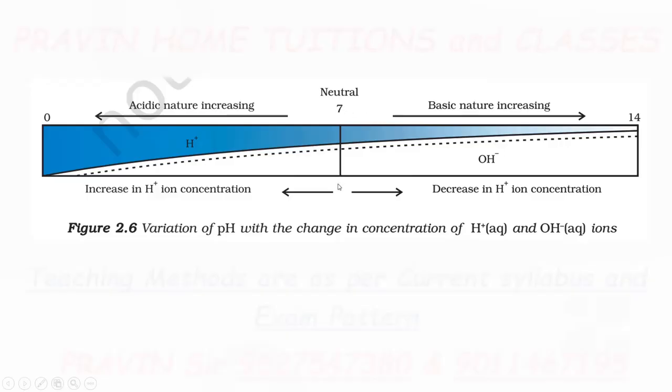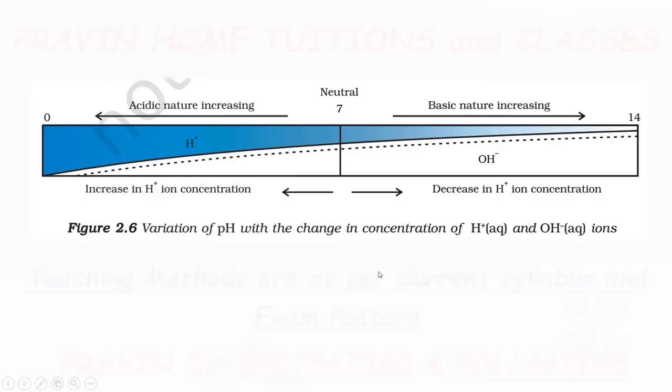From 7, on this side, H plus ion concentration increases because this side is acidic in nature. From 7, here, there is a decrease in H plus ion concentration, so it is basic in nature.